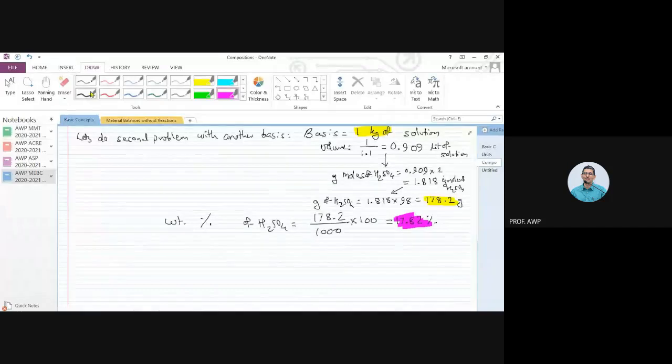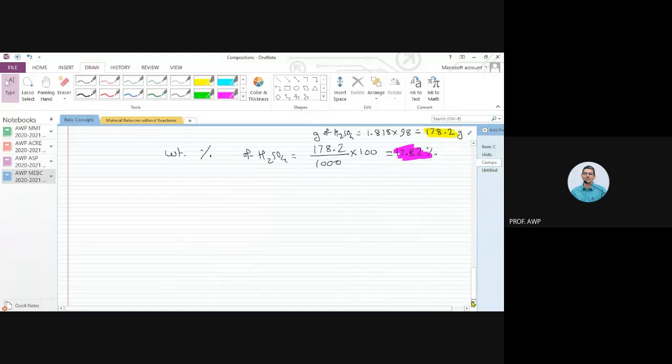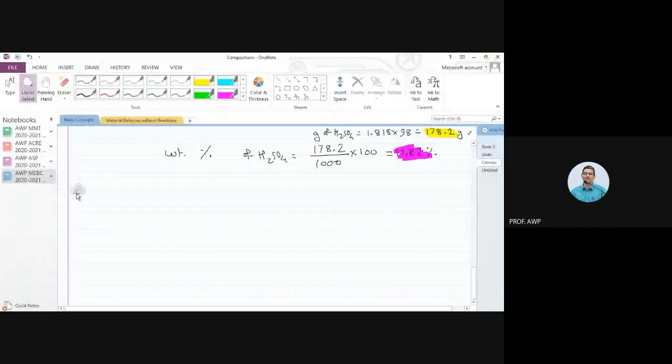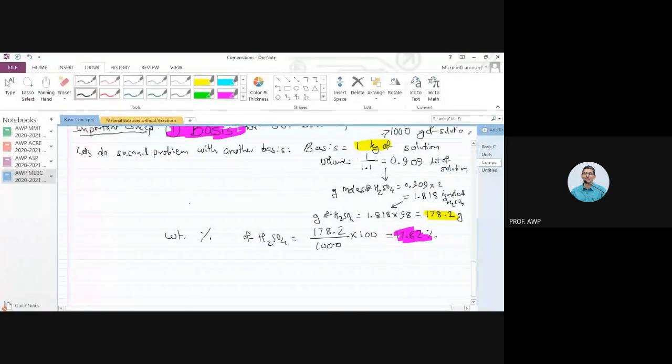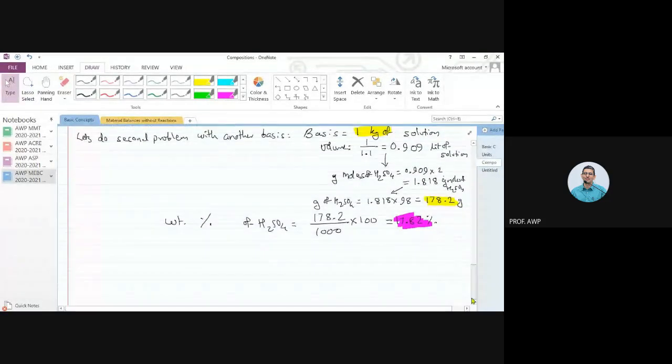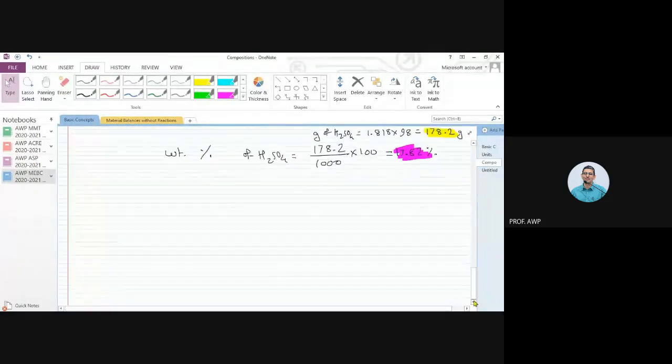Okay, let's take another problem. Imagine that I have, let's say, a phenol water mixture.